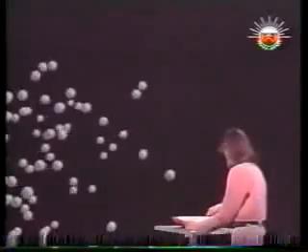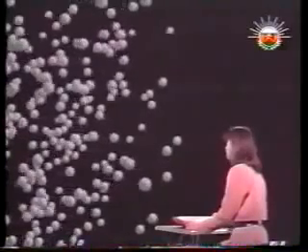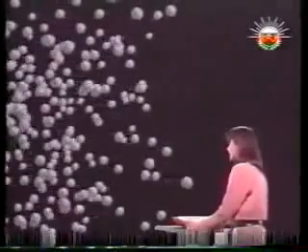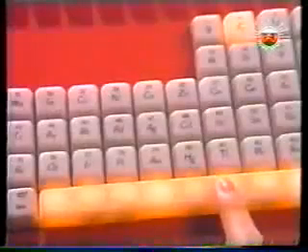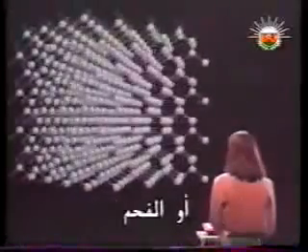Carbon, carbon, carbon. Carbon may form soot or coal or diamond.